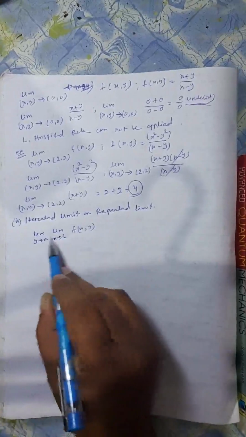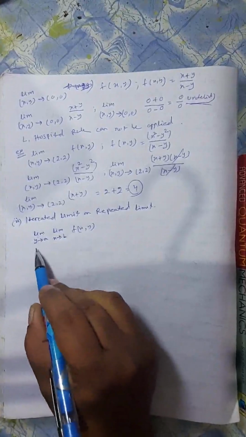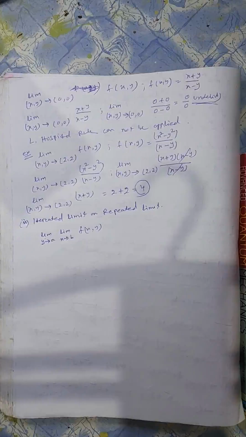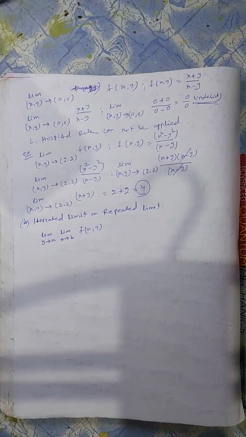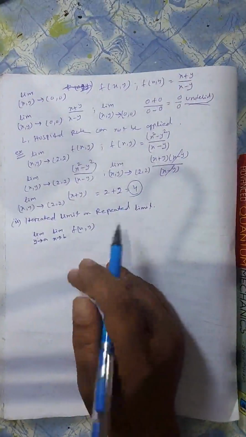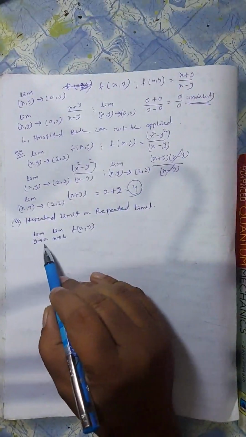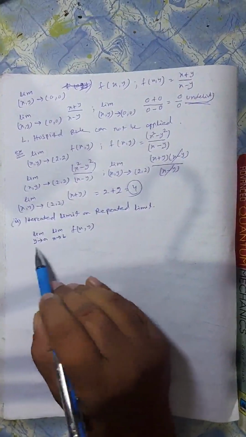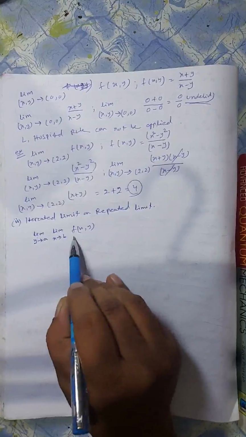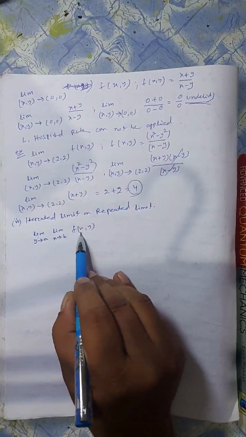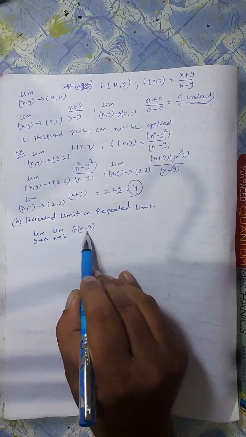Here we have to repeat the limit. Limit y tends to a, and we repeat the limit again, x tends to b, but only the variable changes. How to notify it? Now take any function of two variables, f of x,y.